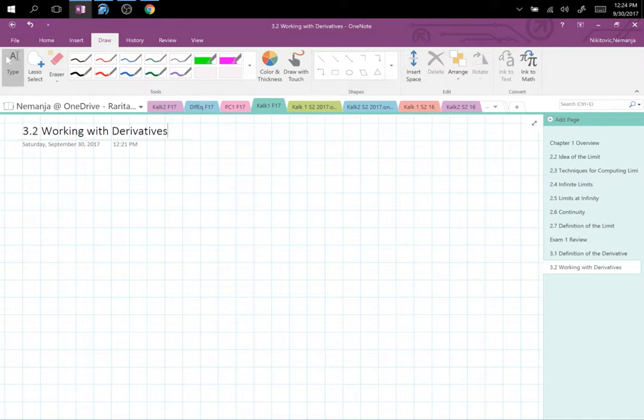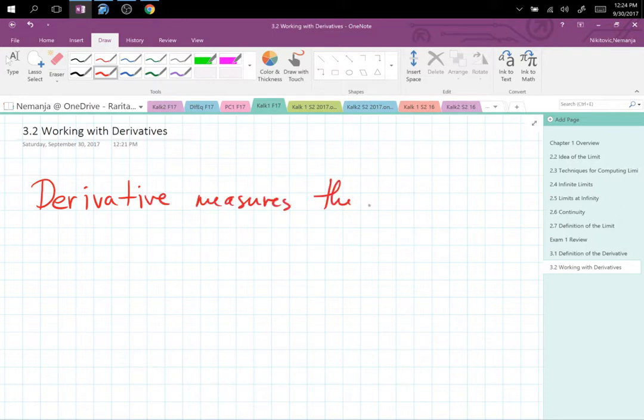Before I draw anything, I'm going to write in blood over here that derivative measures the change. This might be the single most important sentence in understanding derivatives.